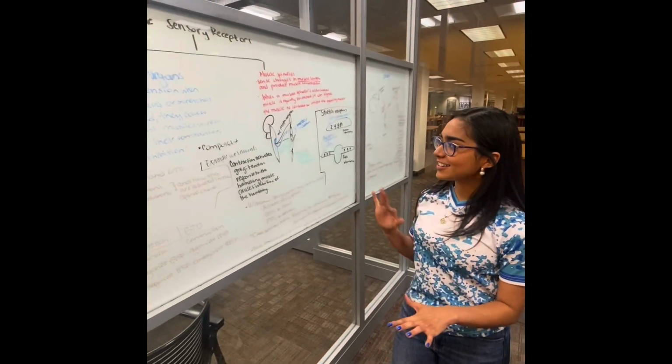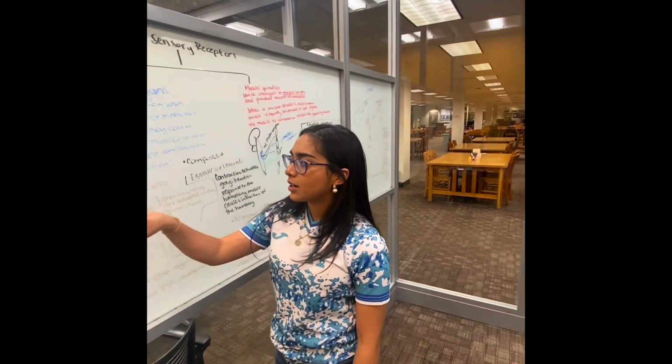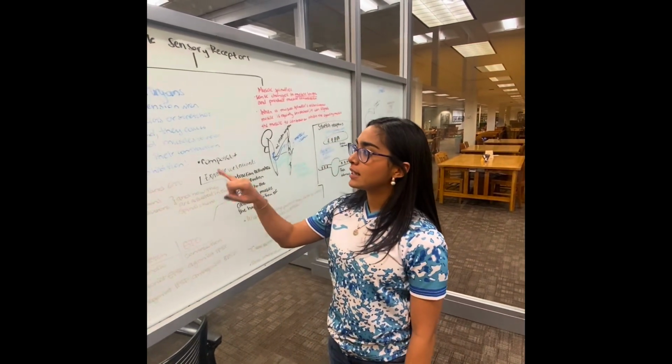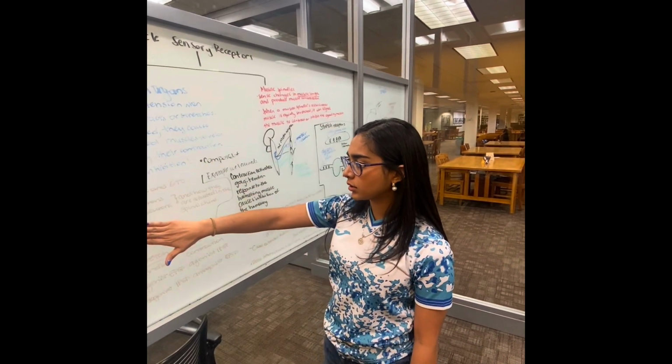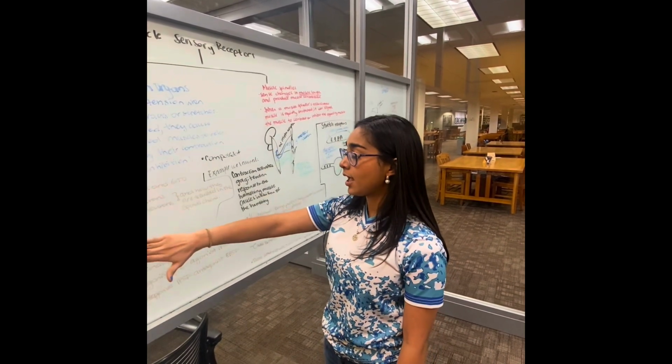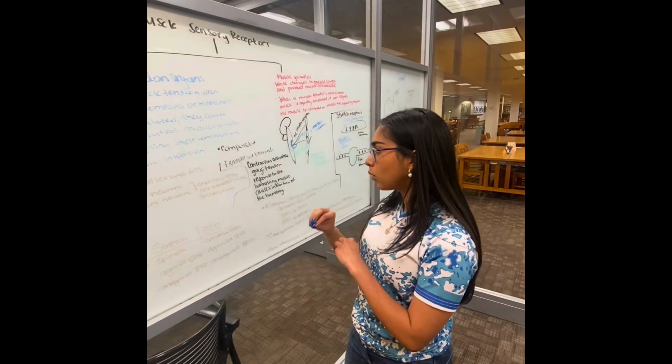So we will talk a little bit about some reflexes that we do. We have the stretch reflex and the Golgi tendon organs. In the motor and sensory neurons, they are activated by the spinal cord.